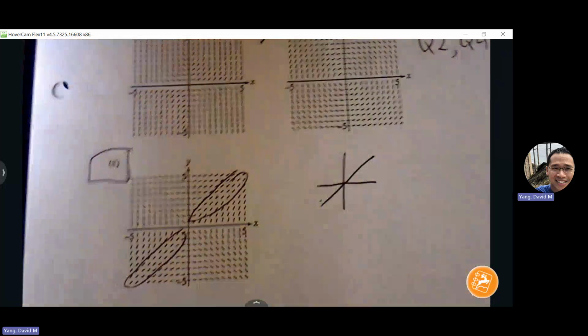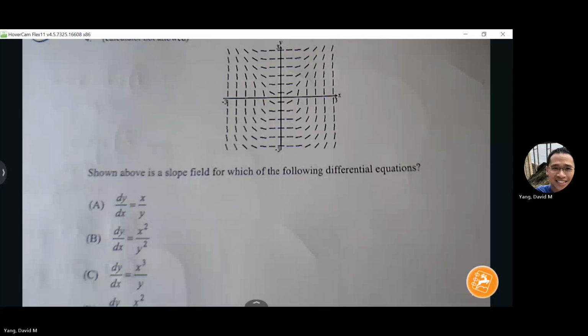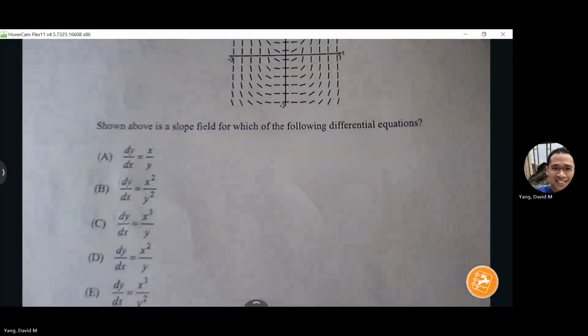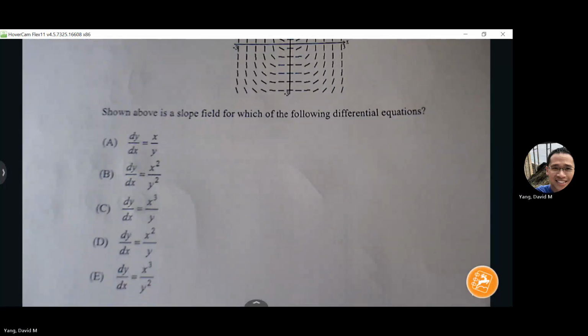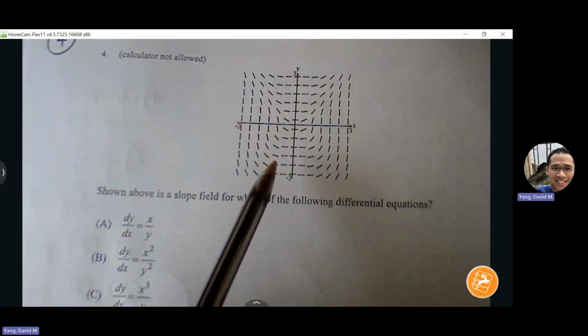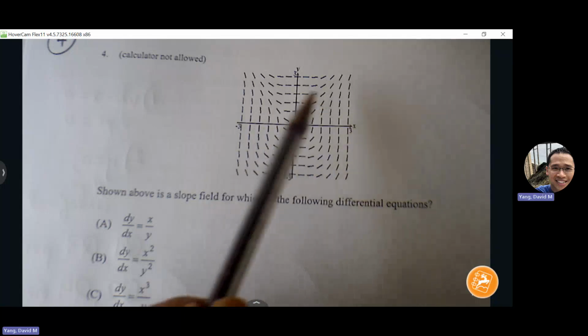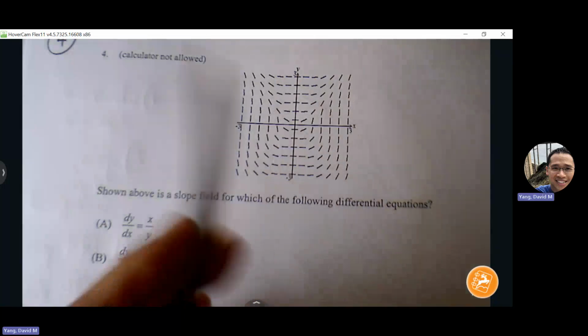Okay, page 4. Okay, so if I look at my slope field here, it looks like I can also identify certain slopes in each quadrant, right?